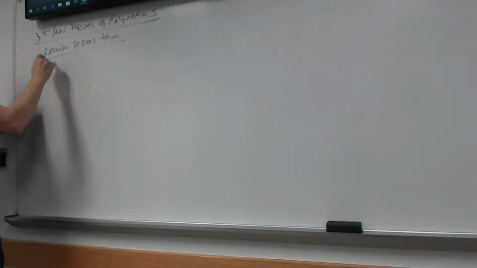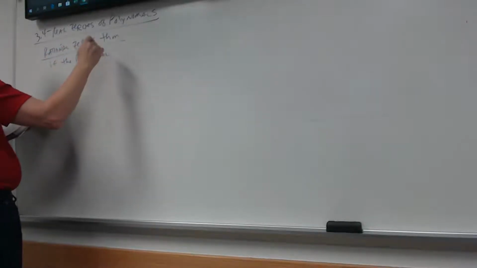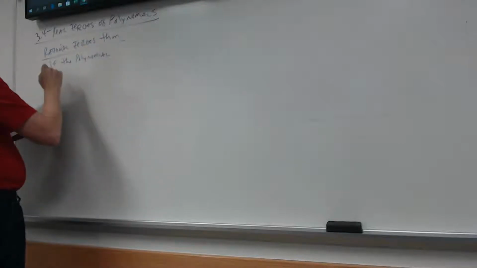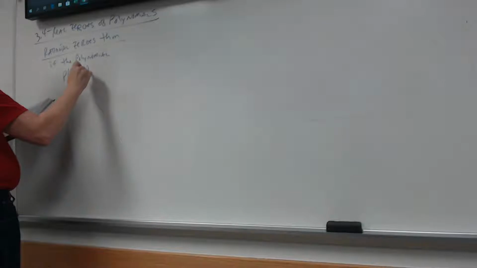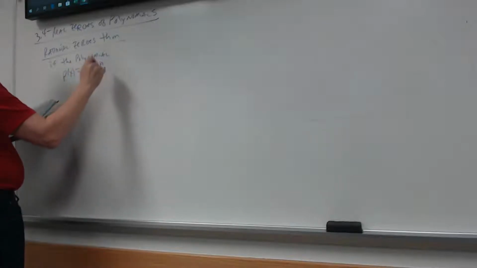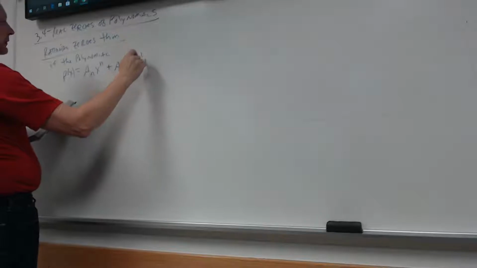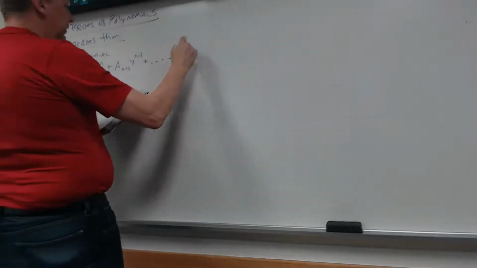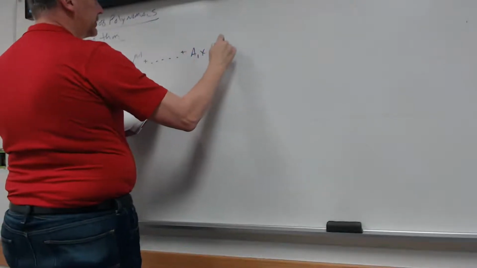So if the polynomial p of x equals a sub n x to the n plus a sub n minus 1 x to the n minus 1 plus, and then I can have as many terms as I need in here, plus a sub 1 x plus a sub 0.